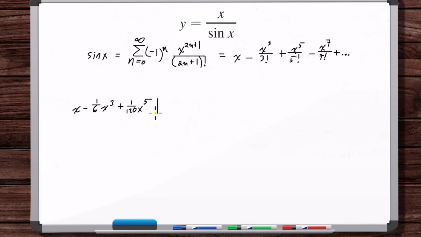And then that's the divisor. And then you've got x plus 0x cubed plus 0x to the 5th, plus dot, dot, dot.